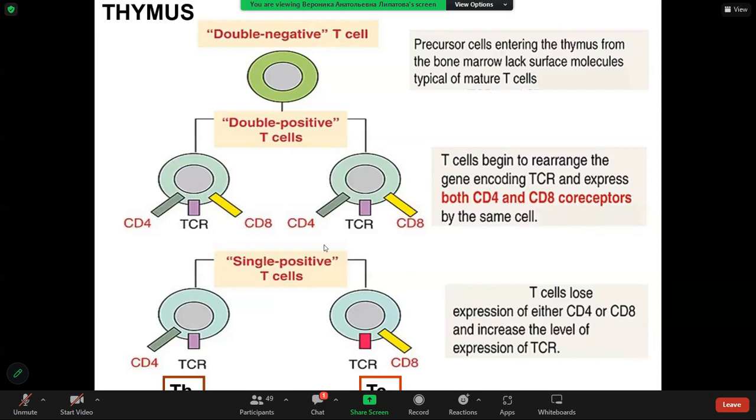CD4, finally, this is single positive T cell as a result of selection, and you see in this cell only T cell receptor and CD4, and on another, T cell receptor and CD8. Altogether, it's typical for cytotoxic. And T cells lose expression of either CD4 or CD8 and increase the level of expression of T cell receptor during the selection and differentiation in thymus.